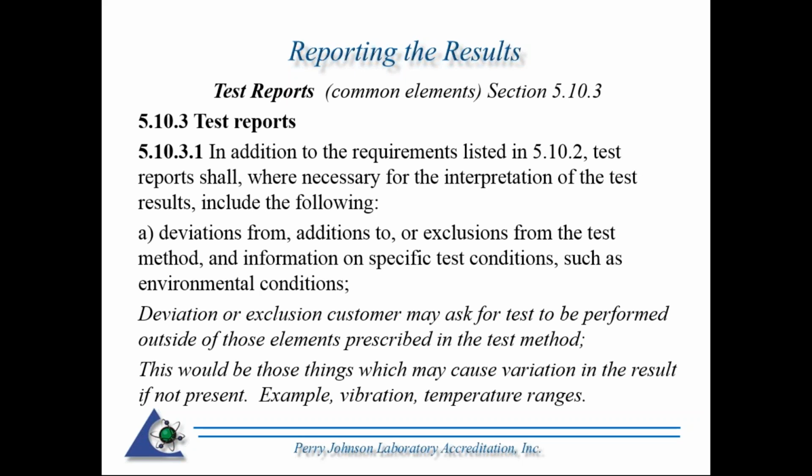Testing may be specific, that the specific test will be performed under specific environmental conditions, say with the absence of vibration or within temperature range. This would be those things which may cause a variation in the results if not present. So if you were operating outside of those prescribed ranges, that would need to be listed.